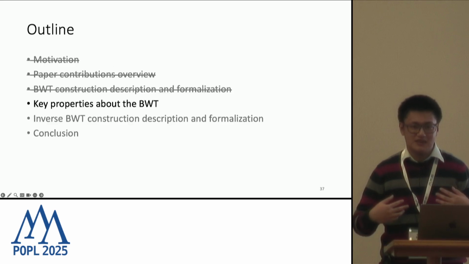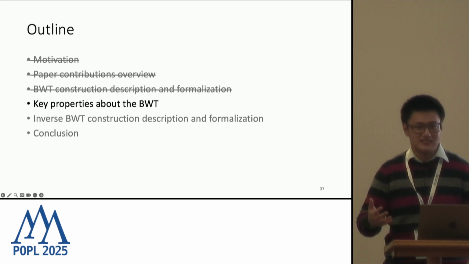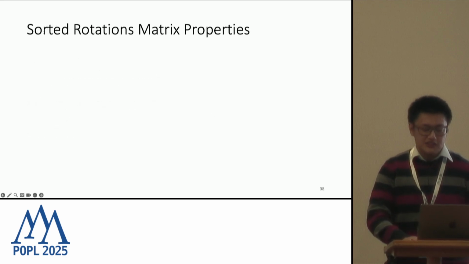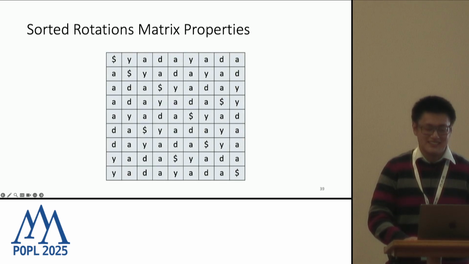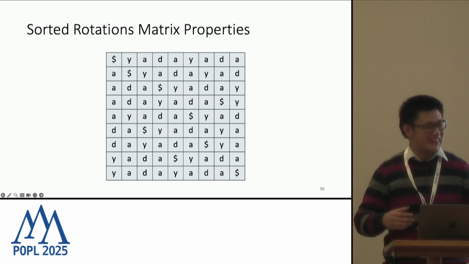Now, onto some key properties that we need in order to talk about the index. So to do that, we'll go back to that sorted rotations matrix. I know it's starting to get a little bit repetitive at this point, but we'll spice it up here right now.